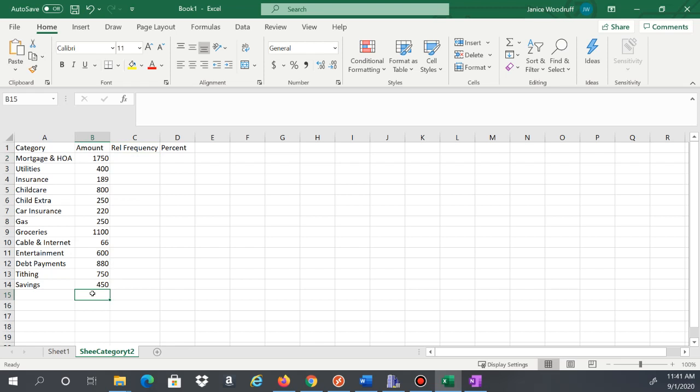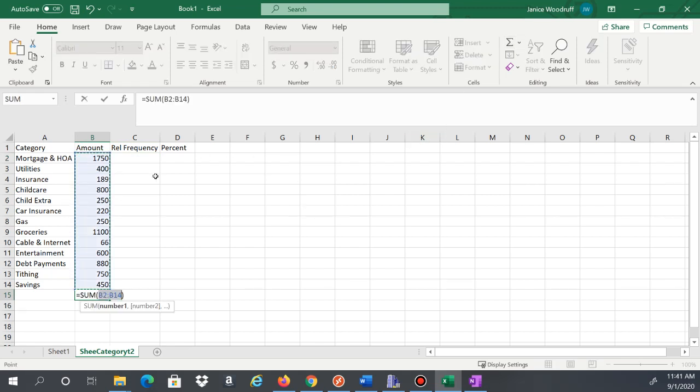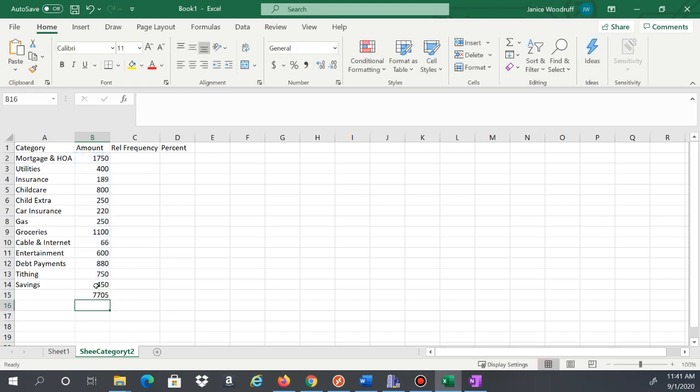So here we want to do the sum, so I can do an auto sum here, make sure it has everything. So my budget total amount of money is 7,705. Then for my relative frequency, I can go equals, click on the amount, divided by, and then since I wanted to copy, I'm going to type in the 7705.